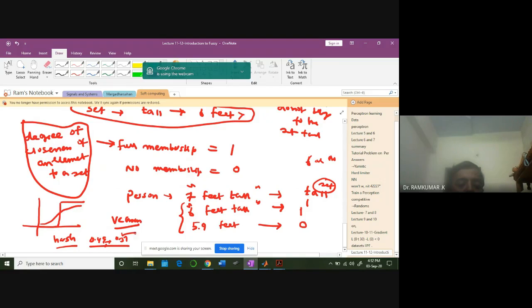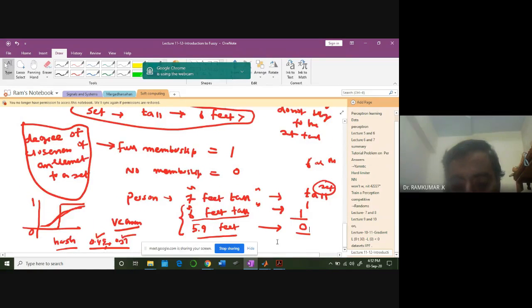Immediately for 0.51 we give the full rating, it is all right to recommend, and for 0.49 we won't recommend. And there also I said we need to go in for a smooth function between 0 to 1. Remember the same idea here. So 6 feet tall is given 1, and 5.9 feet we are giving 0. So this is a very harsh kind of decision.